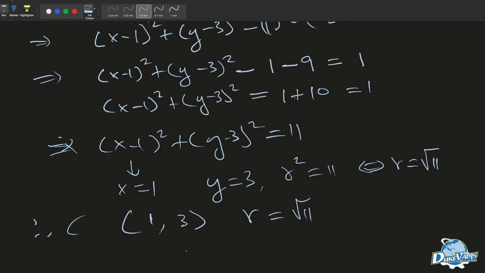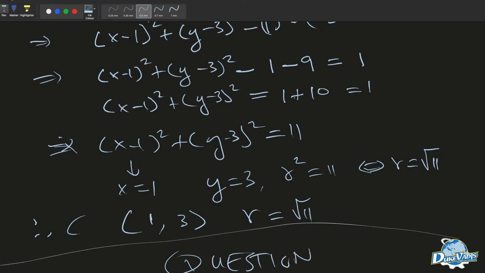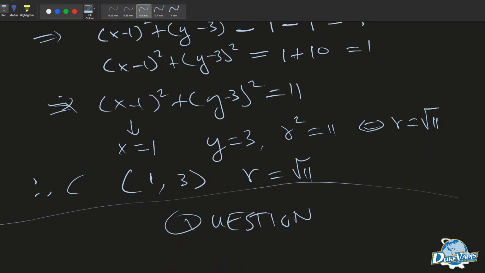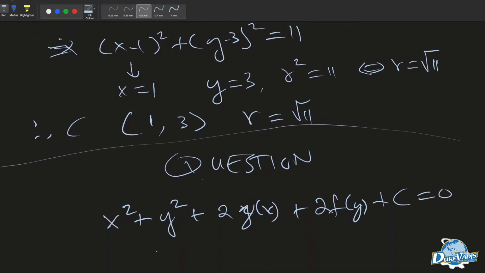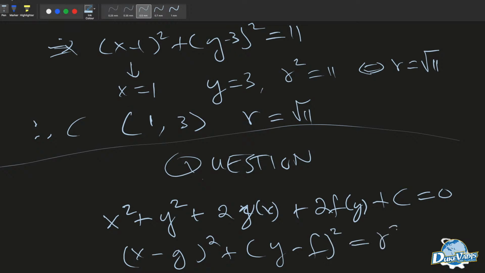So one of you asked me a big question. Some student asked me, is the equation x squared plus y squared plus 2g of x plus 2f of y plus c the same as x minus g squared plus y minus f squared is equal to r squared?